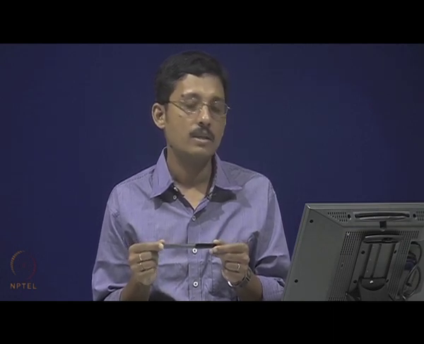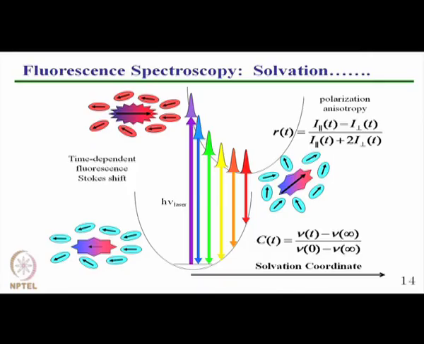Therefore, what is going to happen? What we can observe is, if we have an efficient spectrograph, and if we can record the time dependent transients, then we should be able to find out how much time these solvent molecules require to stabilize the system.